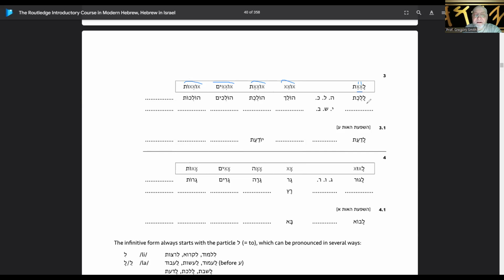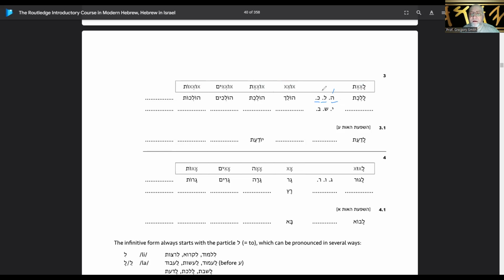Okay, so here is an example of that. Lalechet. And that has to do with going. To go. Lalechet, to go. And so there's your root, your shoresh.